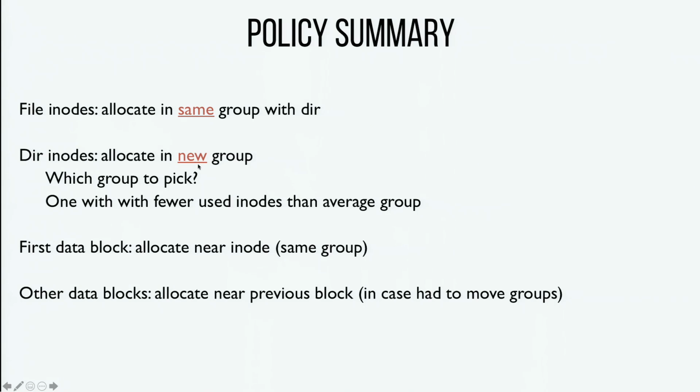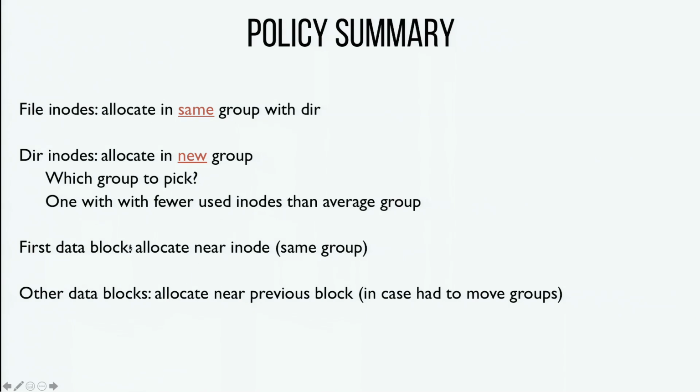So we just want to make sure that it's a pretty empty group that we're moving over to. So we want to find a pretty empty group, and we want it to have more inodes available than most do. The intuition here being it's a new directory. We're probably going to create a lot of new files. New files need new inodes, so there better be a lot of free inodes in this new group that we're starting this directory off in.